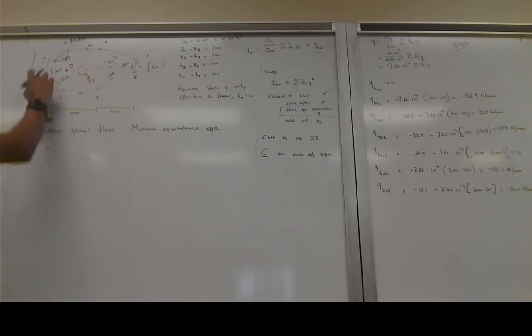So let's start off with the easy parts. We know that this distance from 0 to 4, 5 is 120. So we can start with this one.